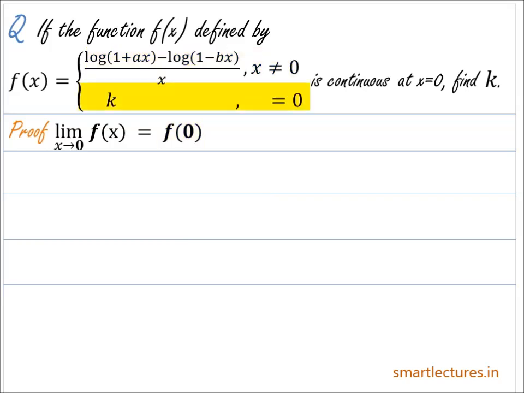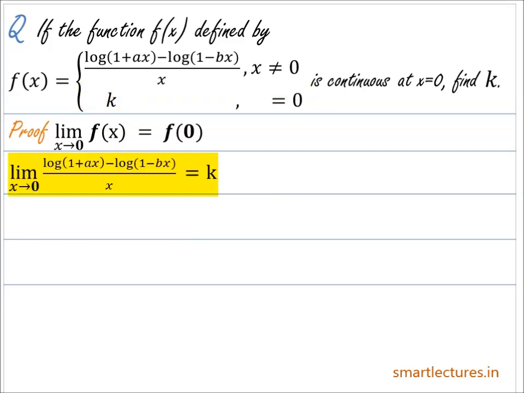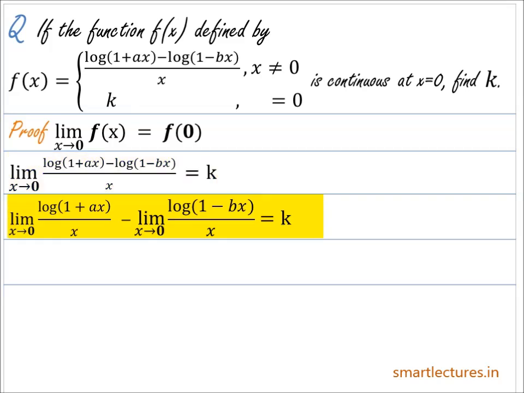So now this equation can also be written as limit x approaches 0, log of 1 plus ax minus log of 1 minus bx upon x is equal to k. Or we can also write it as limit x approaches 0, log of 1 plus ax upon x minus log of 1 minus bx upon x equal to k.